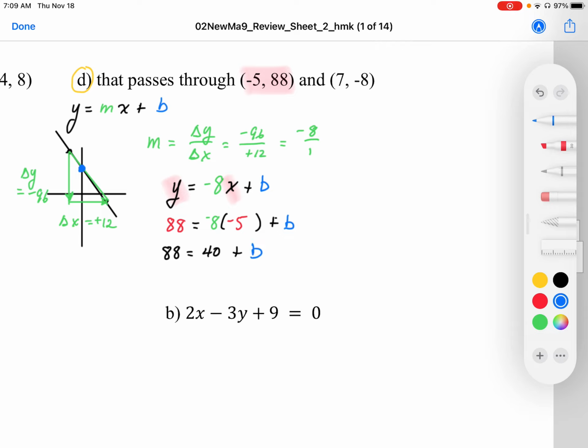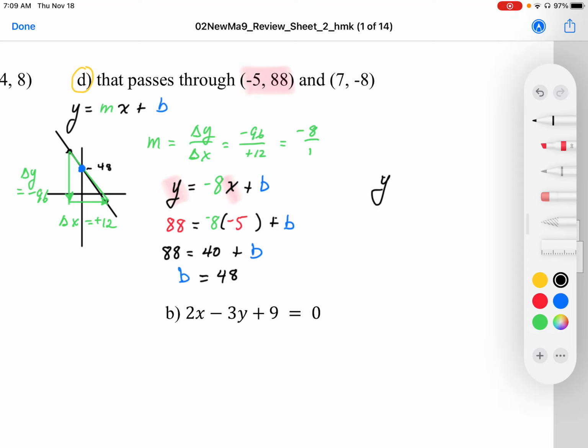So I'm going to subtract 40 from both sides. I get b is equal to 48. Looking at that diagram, it looks like that's an appropriate b for this problem. My diagram's not particularly accurate, but it's reasonable.